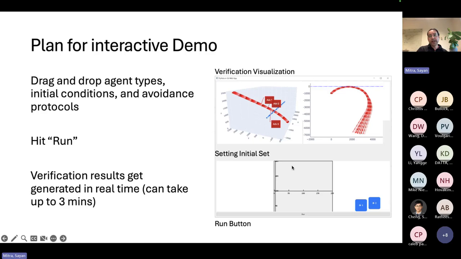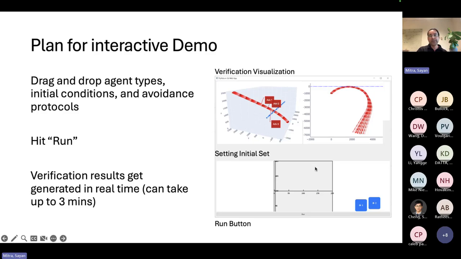So we are going to have a part of this UI where the user will be able to drag and drop different types of agents. So you can say, okay, this is going to be a scenario with two agents. One of them is going to have such and such dynamics. Another one is going to have this, Guam type dynamics.